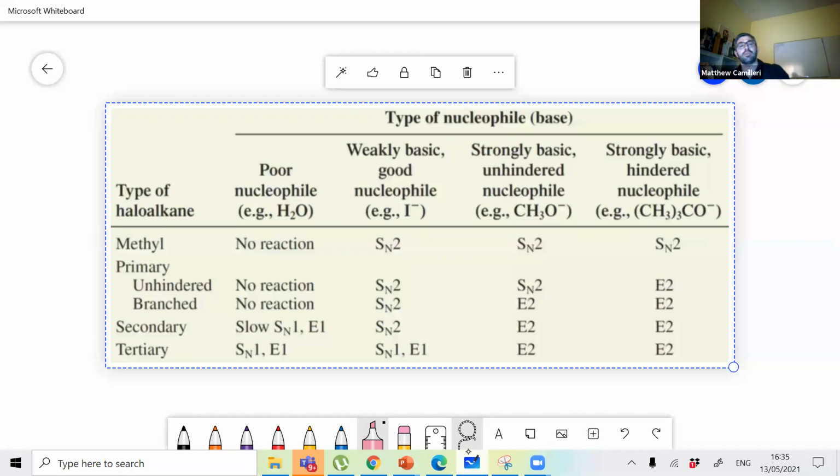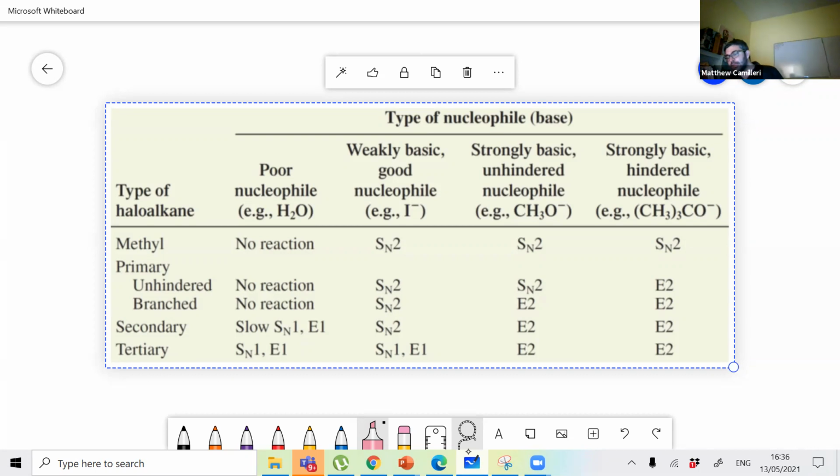Now, you might be accustomed to thinking that if you have a tertiary carbocation, a tertiary group, SN1 or E1 would be the predominant reaction, but that is not the case. In fact, SN1 and E1 are only normally possible whenever you have a poor nucleophile or a weak base, which happens to also be a good nucleophile, like the iodide, and you still have a tertiary halogenoalkane.